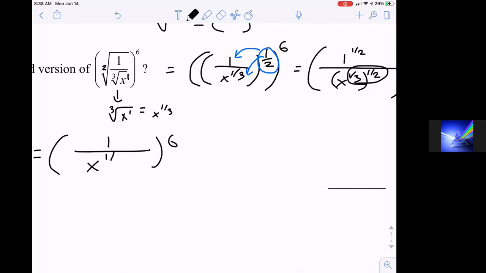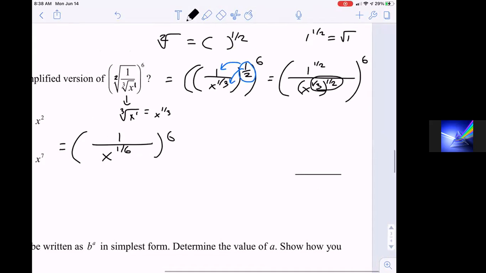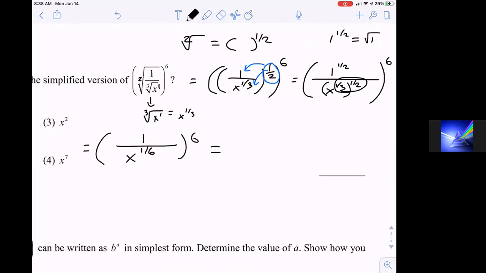So 1 over x to the 1/6 power, raised to the 6th power. Now, what am I going to do with this? I'm going to do the exact same strategy, but this time I'm going to raise each part of this fraction to the 6th power. So rewrite it first, and it's 1 to the 6th power over x to the 1/6 raised to the 6th power.